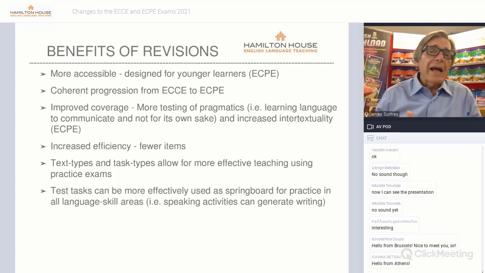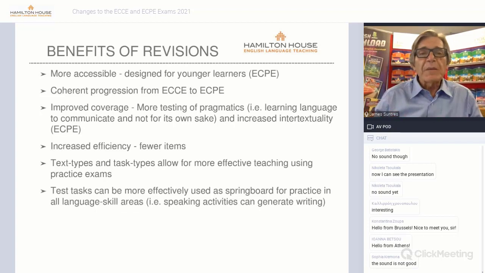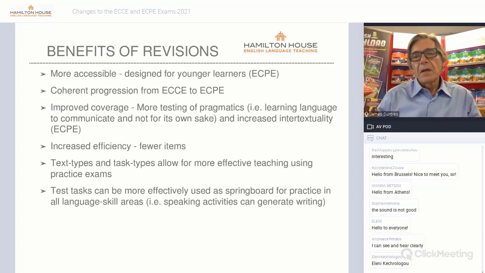At CAMLA, they say that the exam offers improved coverage, and they state more testing of pragmatics and increased intertextualization. By pragmatics, from our perspective as teachers, this means our students should be learning the language to communicate and not for its own sake. I'll explain what I mean by that shortly.